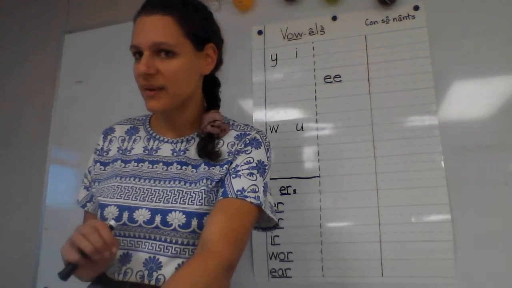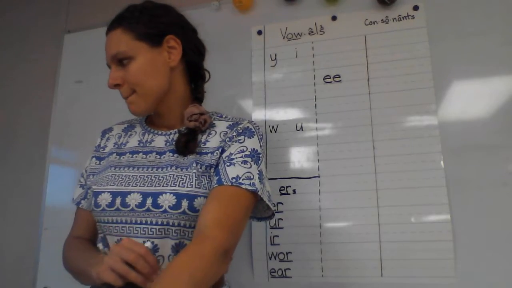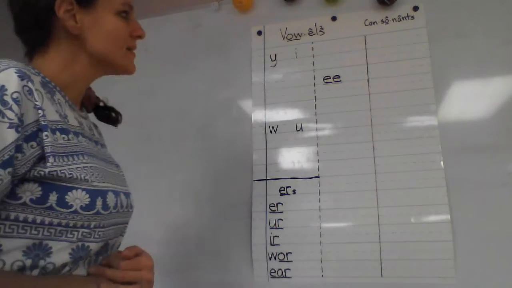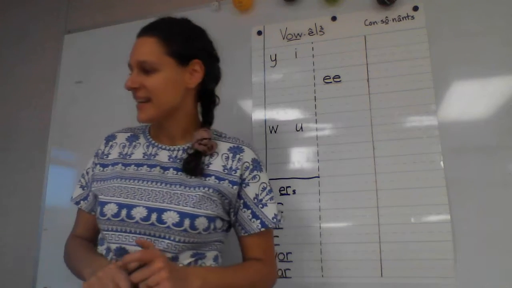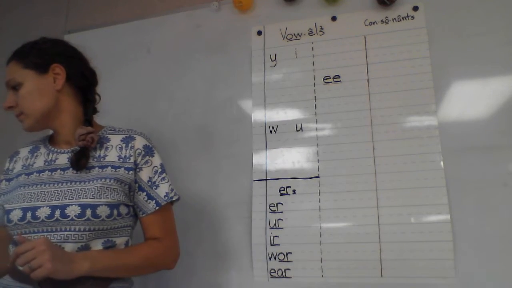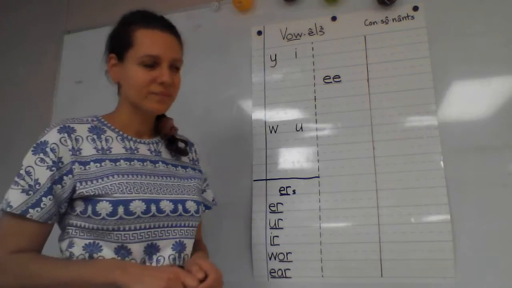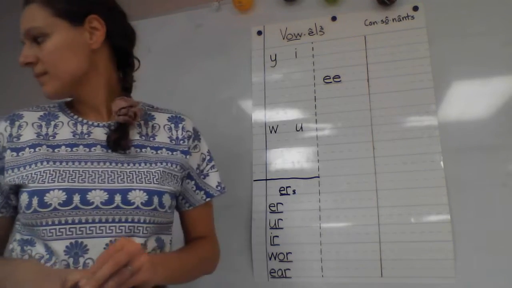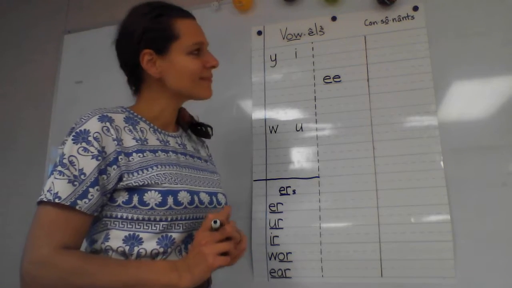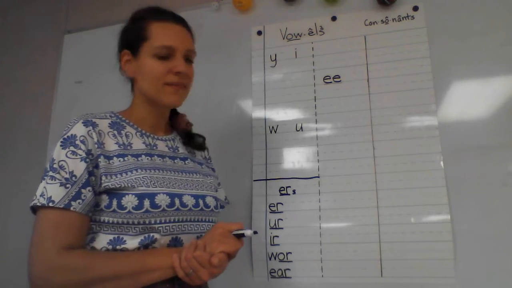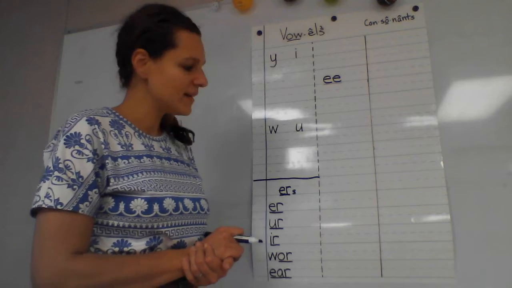All right, the next one is V. Class, what are we going to write? Excellent. So write your V and say it while you write it. All right, when you're finished, put your pencil down.